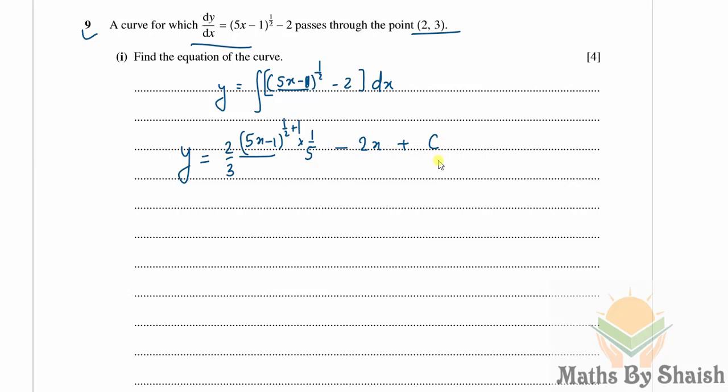Now we will find the value of this constant of integration by putting in this value of x and y, because this curve is passing through this point, it means it will satisfy the equation of the curve.